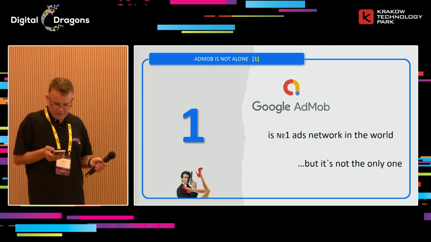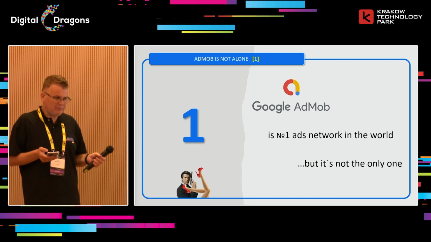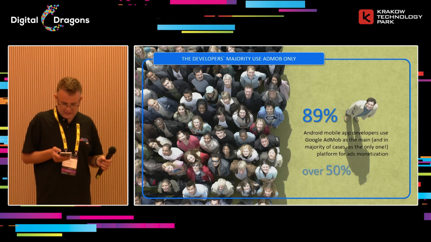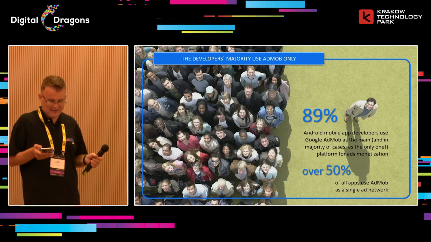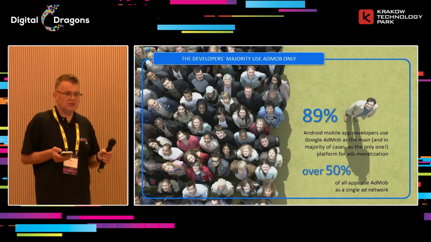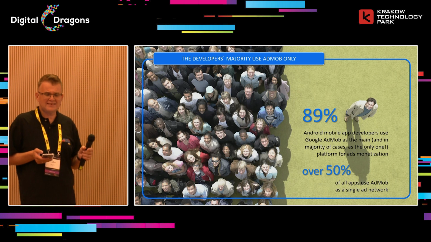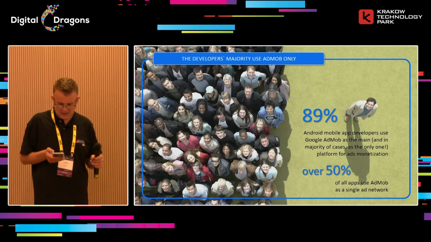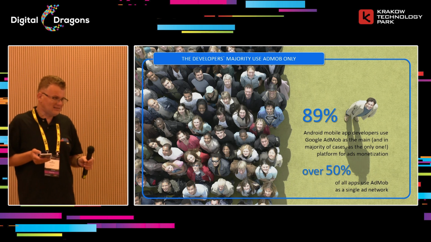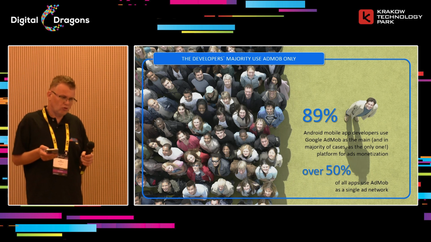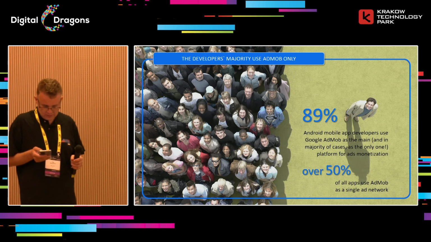As I said before, some people use one ad network, mostly Google AdMob. Using AdMob as a single ad network is very suitable only in small tools like cleaners and VPNs, something like this. In any other case, this option is not very good.